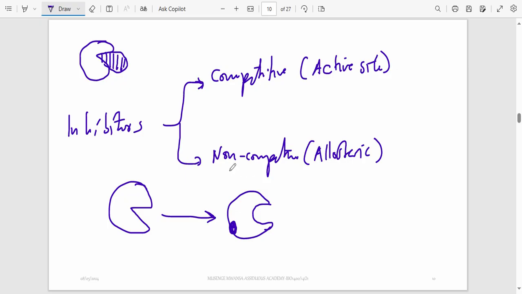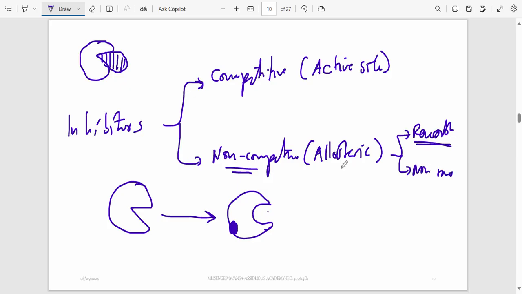So non-competitive inhibitors change the conformation of the active site by binding to the allosteric site. The active site is there, but the substrate can no longer fit in it. So competitive inhibition can either be reversible or non-reversible, same with non-competitive.